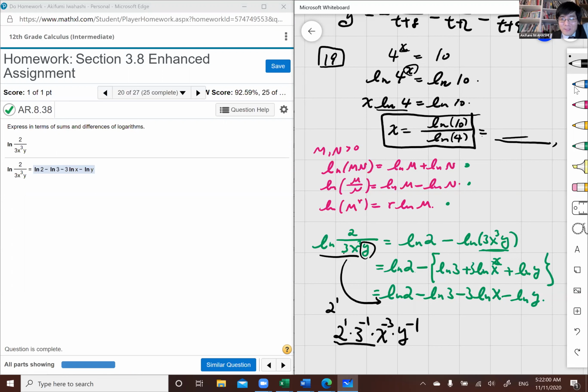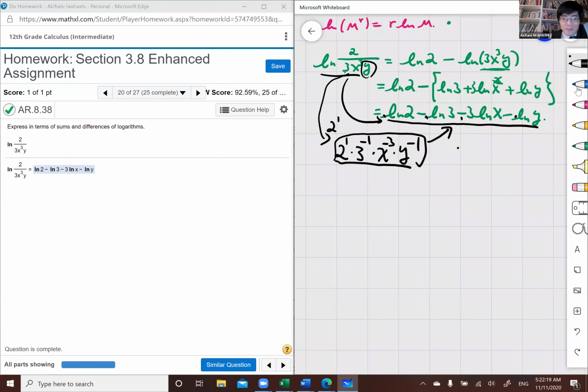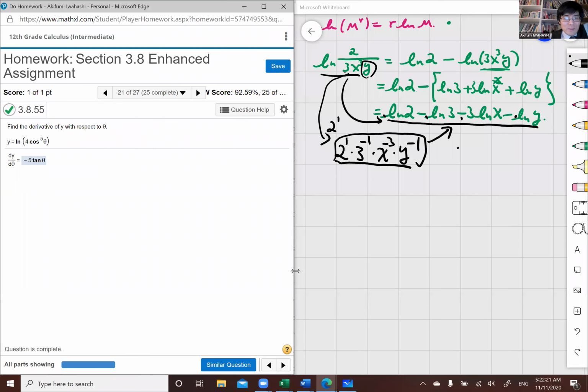You see this corresponds to 1, -1, -3, -1 in the coefficients, and you can just write the sum of the logs. I hope you can see it this way. But anyway, this is just a review question, so let's move on to the next question.